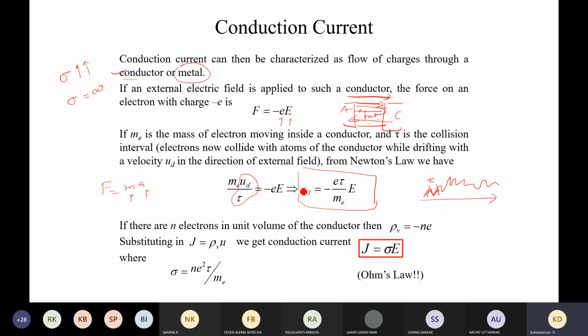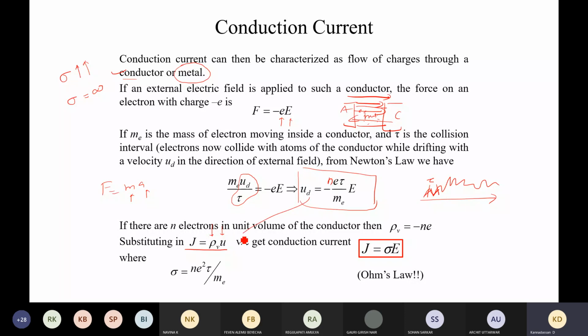And when you multiply with the number of charge carriers, then you can easily get the current density, and the conductivity will come, and there comes the current. So current density is nothing but charge density into the drift velocity.